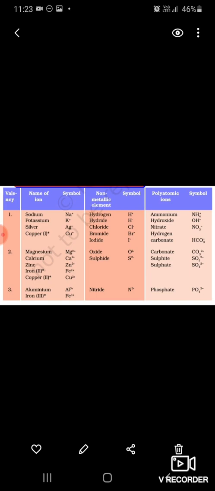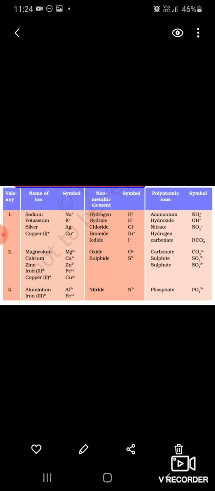So these are divalent cations and anions. Divalent means whose charge is 2 plus or 2 minus. Now trivalent ions are aluminium Al3 plus, iron Fe3 plus, nitride N3 minus, and the polyatomic ion phosphate, PO4 3 minus.